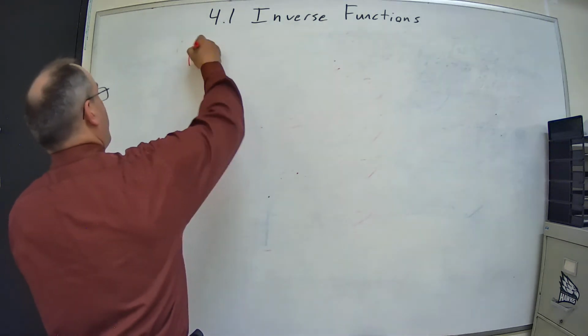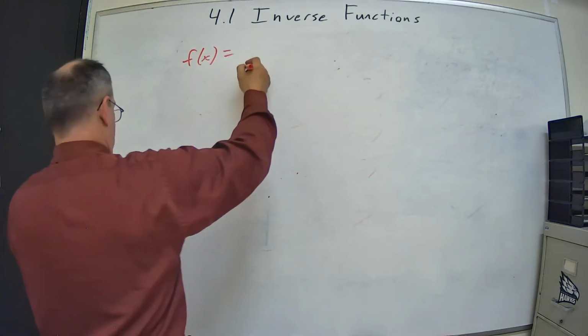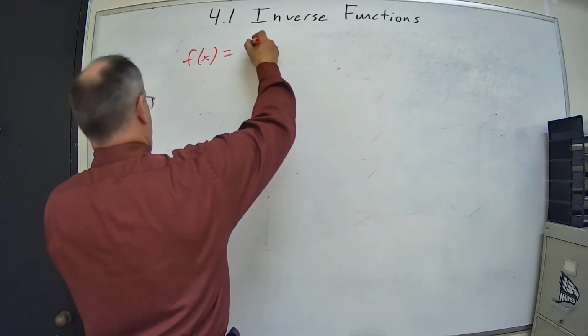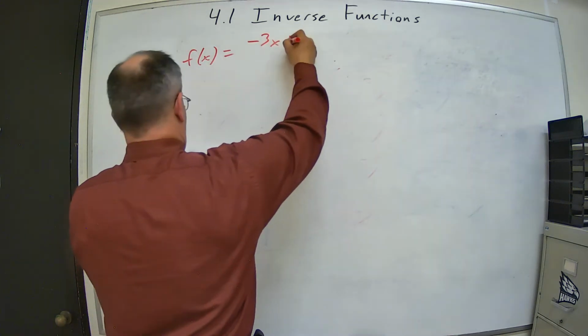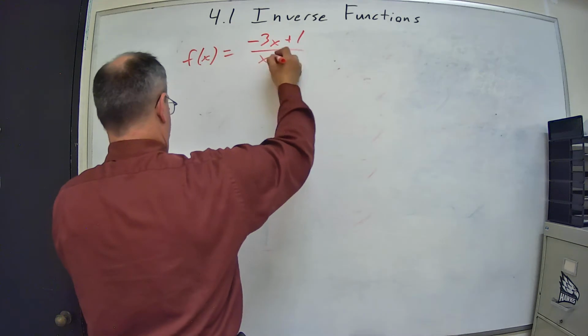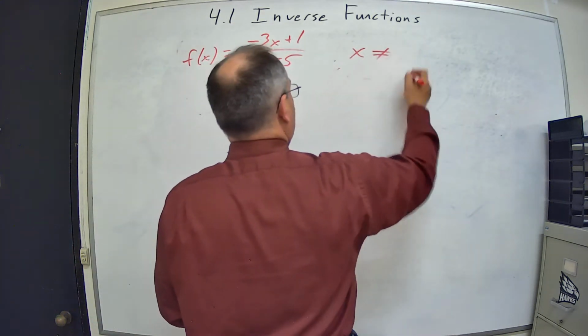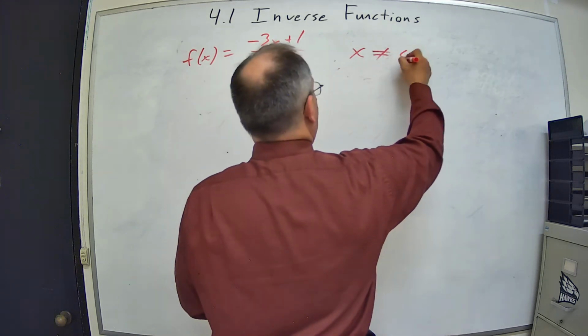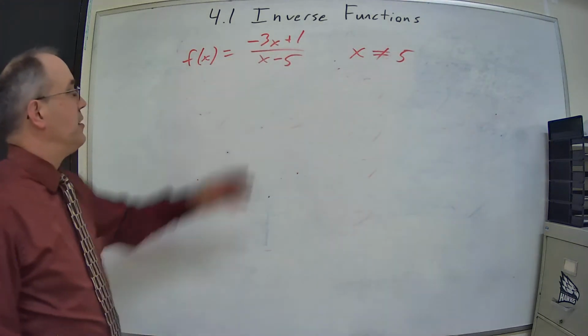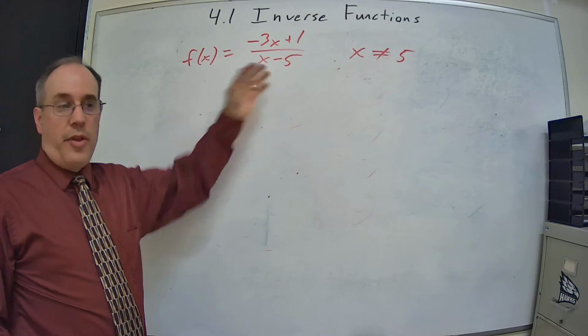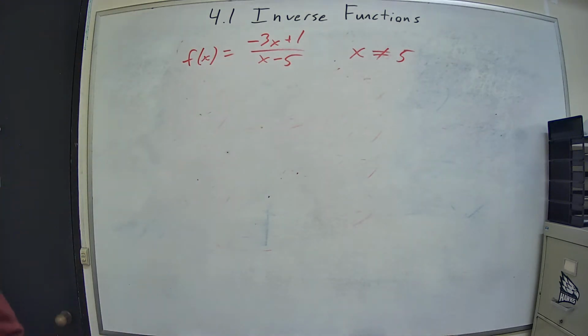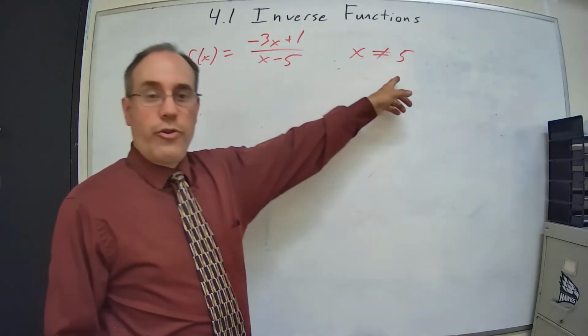So if I have f of x is equal to (-3x + 1) over (x - 5), where obviously x cannot be equal to 5, right? I can't have the denominator equal to 0. So we have a restriction on our domain.